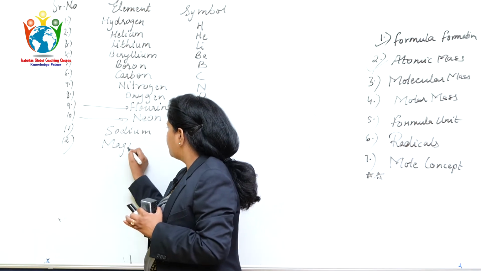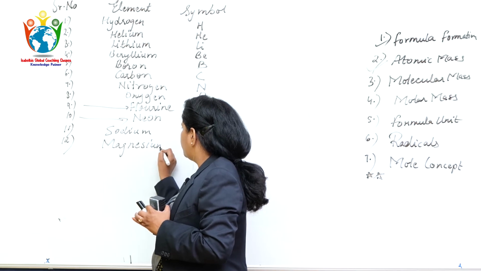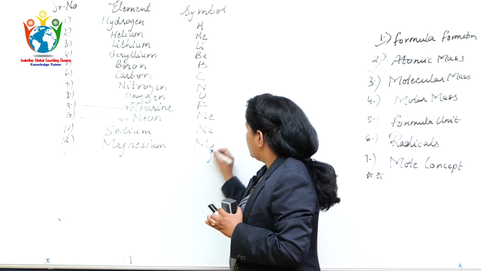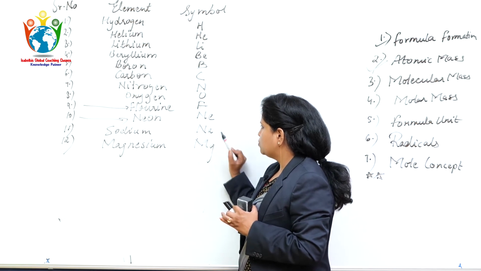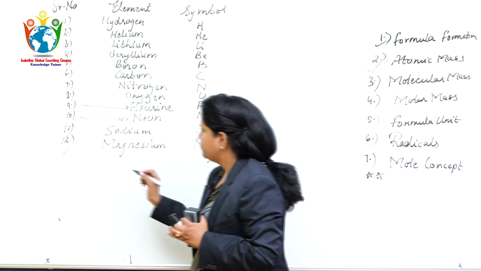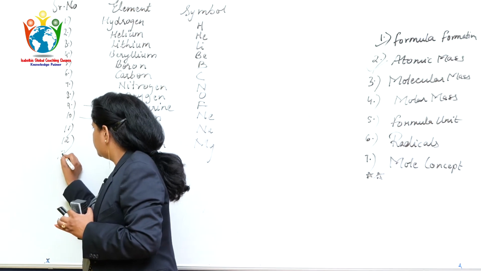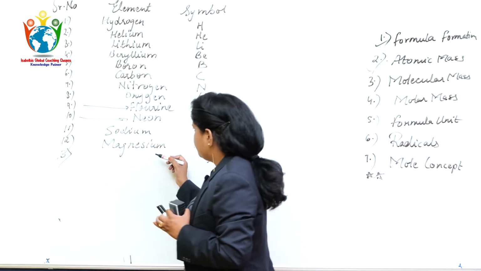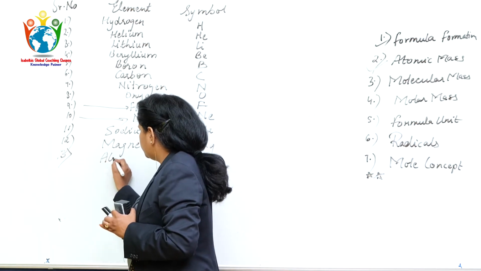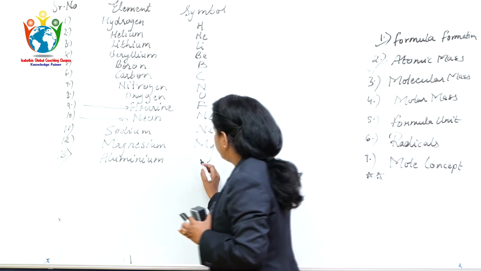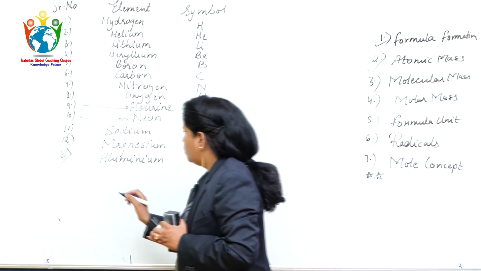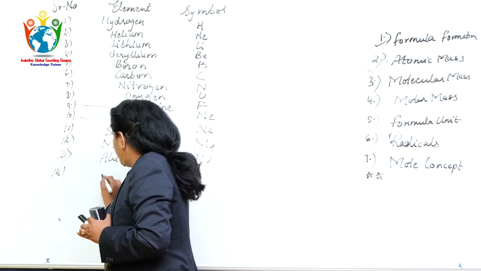Magnesium, Mg. N capital, a small; M capital, g small. 13. Sodium, magnesium, aluminium, Al. 14th, silicon.